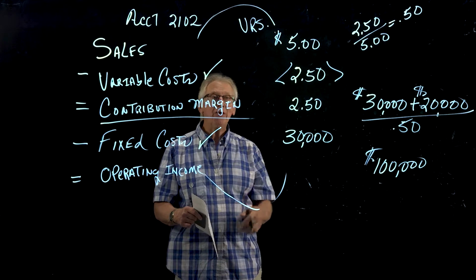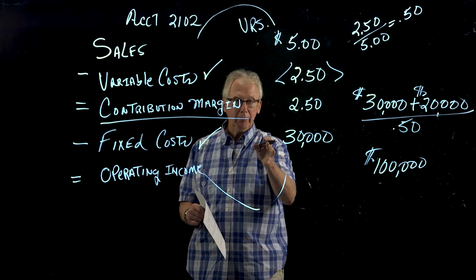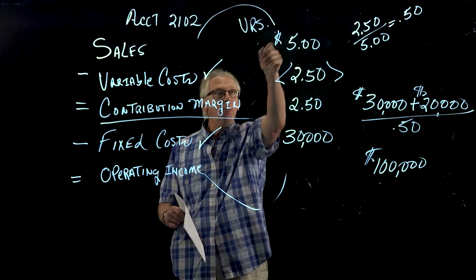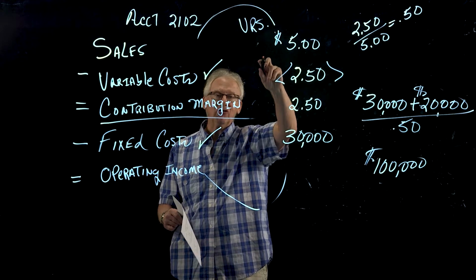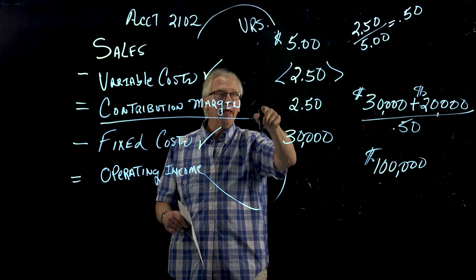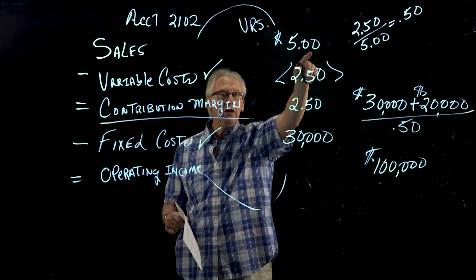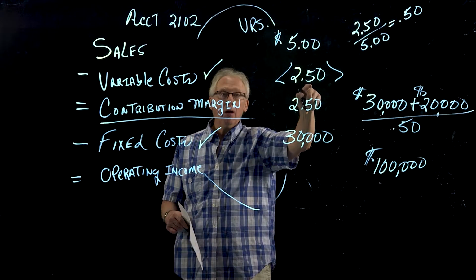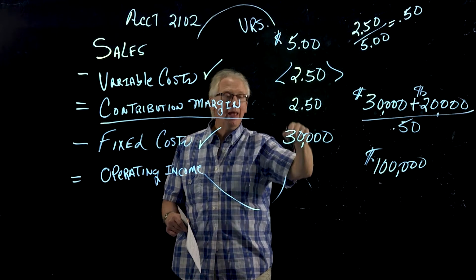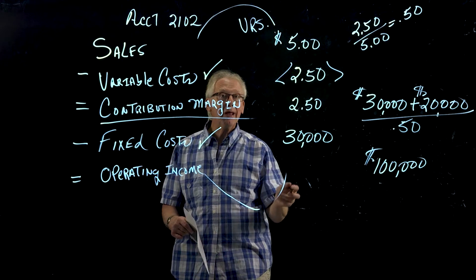Okay, just make yourself little diagrams. Sales minus variable cost equals contribution margin. Put fictitious numbers, like 10 minus 5 equals 5, and then lower sales price by 1 to 9, raise variable cost up 1 to 6, and the new contribution margin is 3.